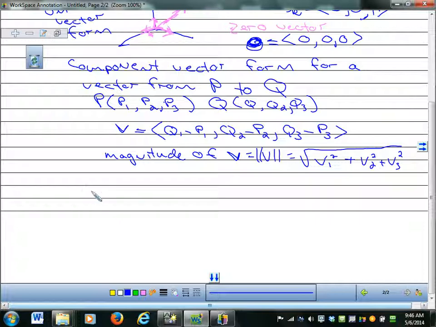Then we have the unit vector. Anyone remember what a unit vector is? Very nice, Ashley.